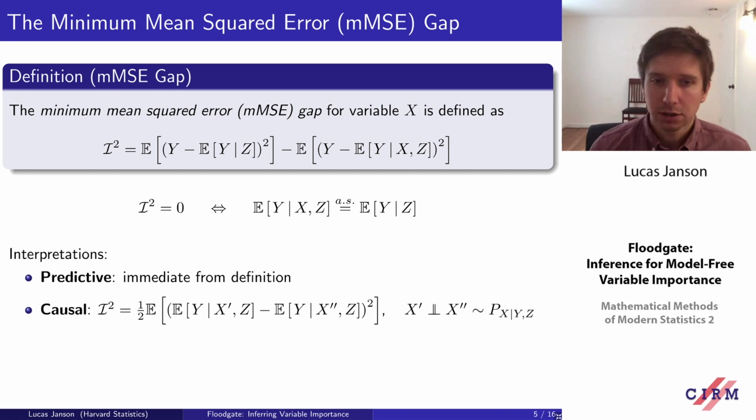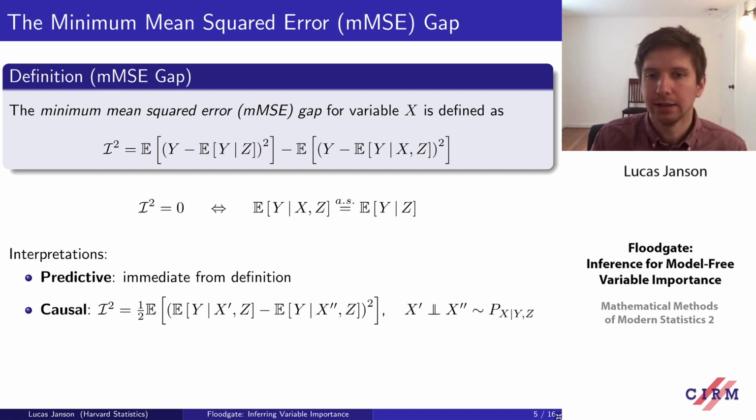It actually has a causal interpretation too. If I think about having one subject who has covariates z and assigning them 2 different treatments based on those covariates, I call those x prime and x double prime. So I have some treatment assignment mechanism based on z, and I assign their treatment twice independently.